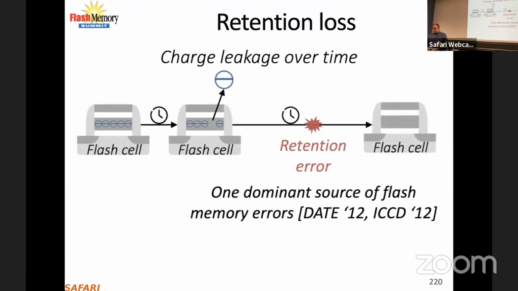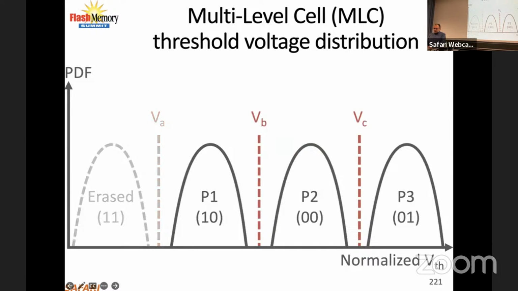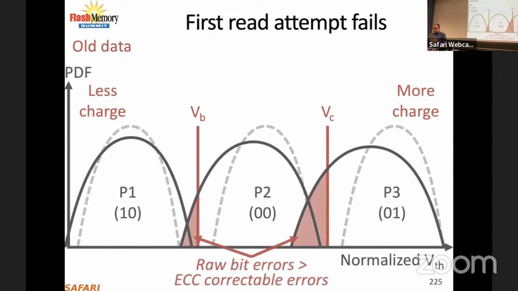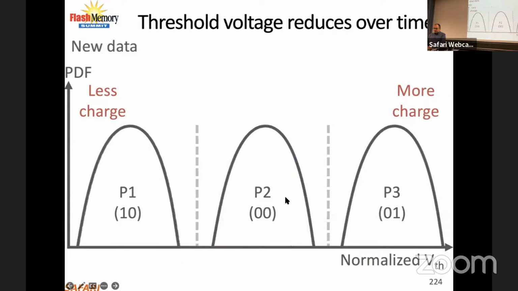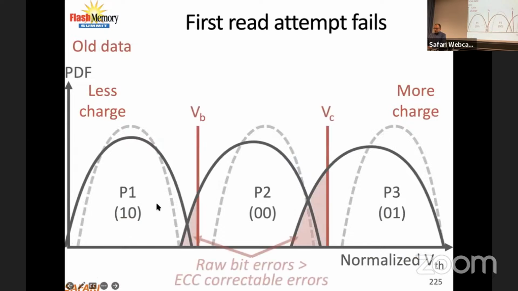Because of this retention loss, you can have retention errors, and that's one dominant source of flash memory errors that we showed. But the side effect that we want to focus on in this work is longer read latency. Why is that? After retention loss, you get this kind of curve distribution, and your first read attempts might fail because raw bit errors are larger than ECC correctable errors.